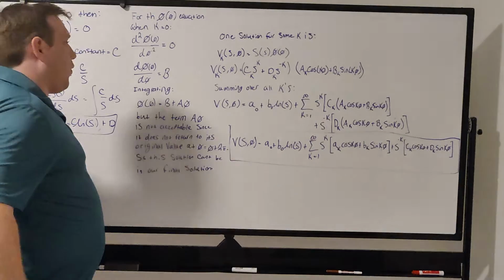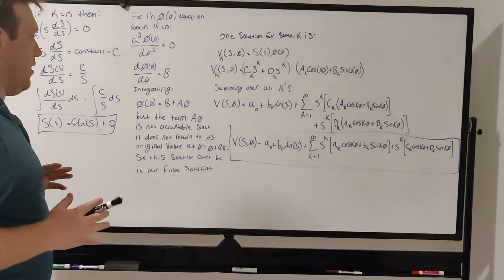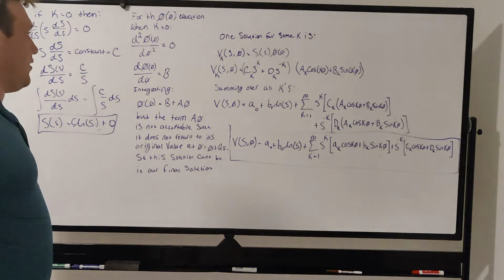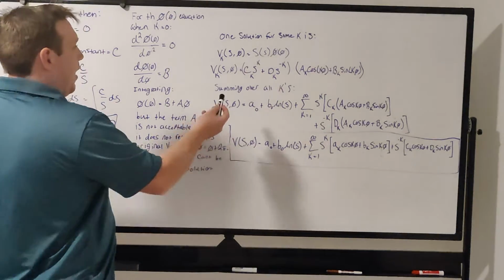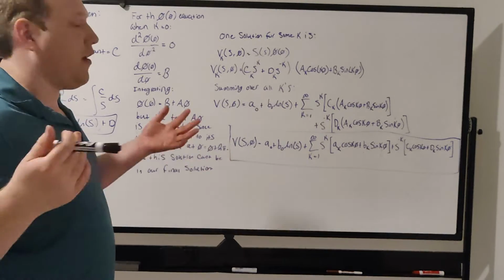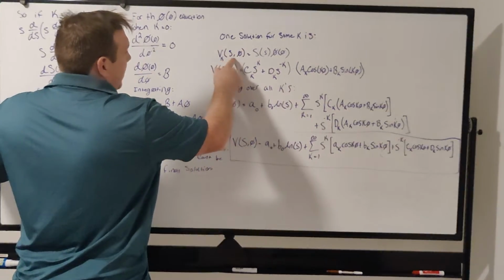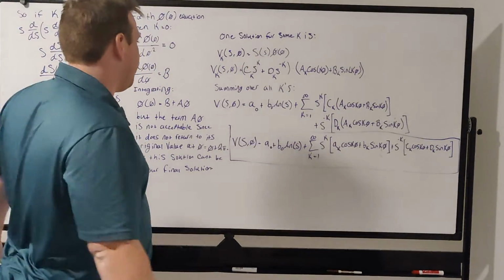And so if we just write, for some value of k, because all of our stuff has been dependent on this value of k so far, if we just pick some number k, we could write a single solution, because we have multiple solutions for different values of k. We could write a single solution of form v sub k of s and phi is our product of these two functions.